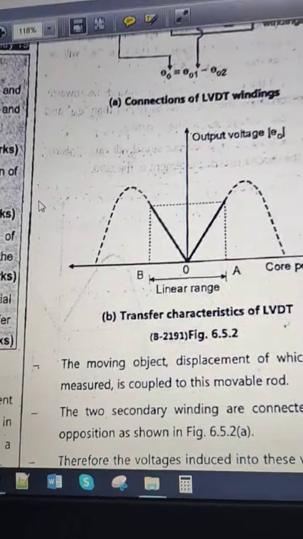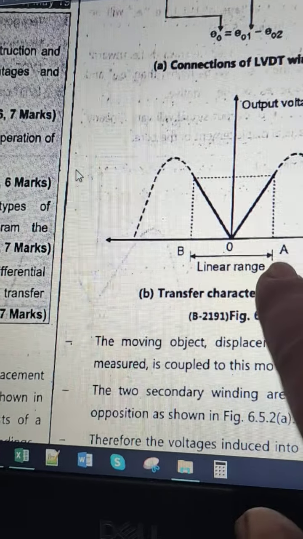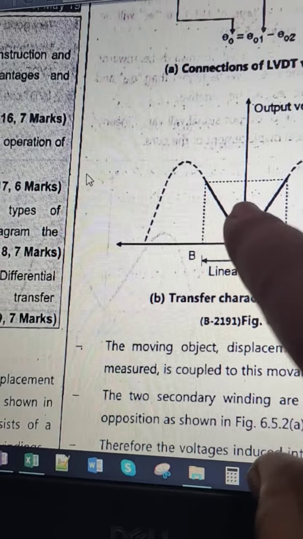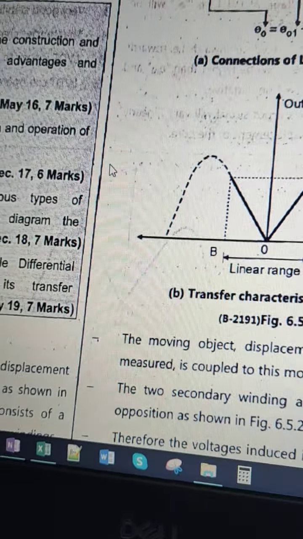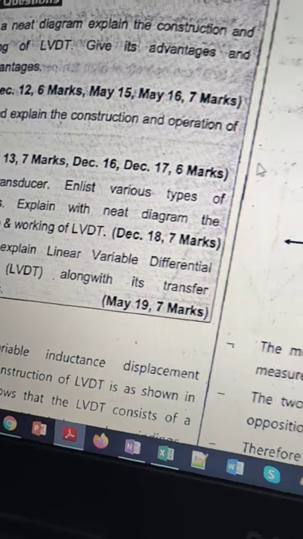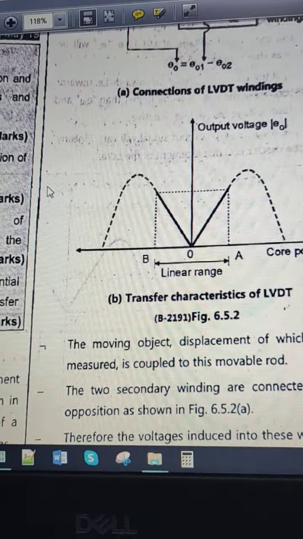Now these are the transfer characteristics of LVDT. This is the linear range. The output voltage increases here, and again here the dotted line. The moving object whose displacement is to be measured is coupled to a movable end.